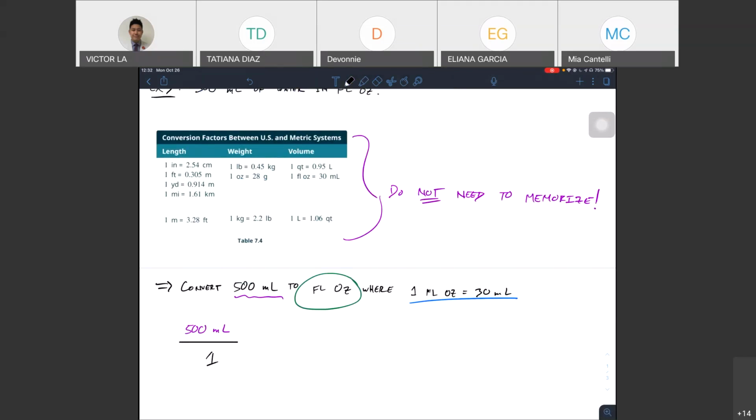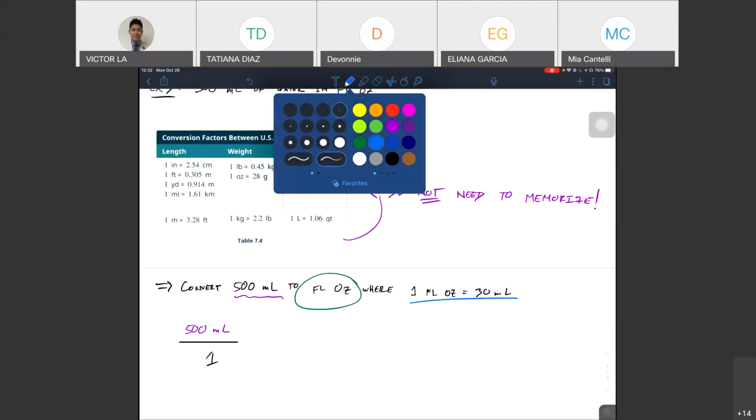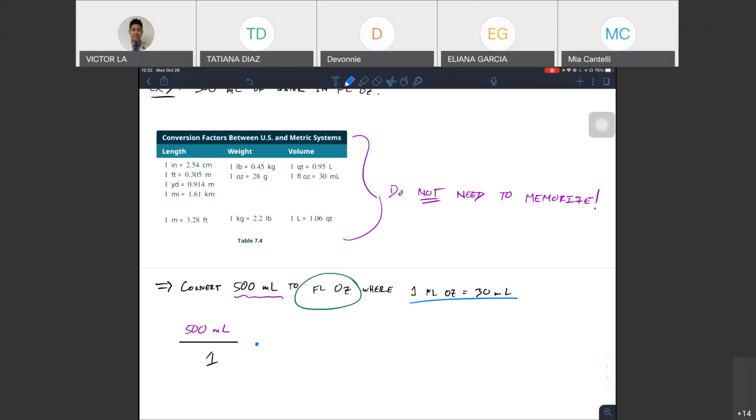Now, what is the unit of, let's use light blue, the unit of conversion between fluid ounces and milliliters? It's right here, right? Luckily, this is one where not only do they tell you, it should be very apparent what you're going to do.